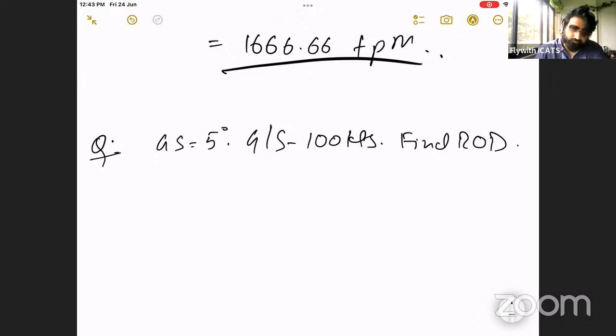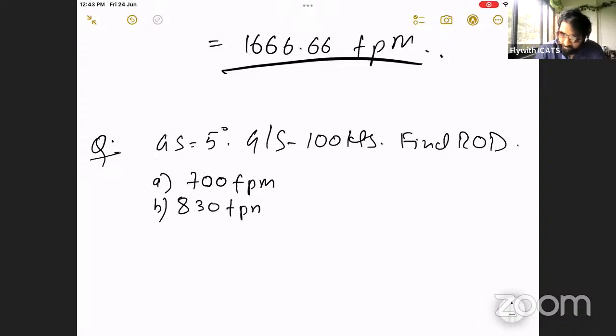Options: 700 feet per minute, 830 feet per minute, 900 feet per minute. Quickly. Be fast. Push yourself.